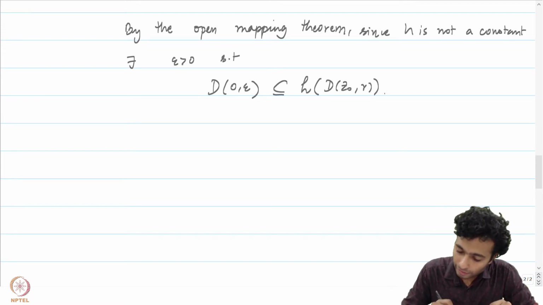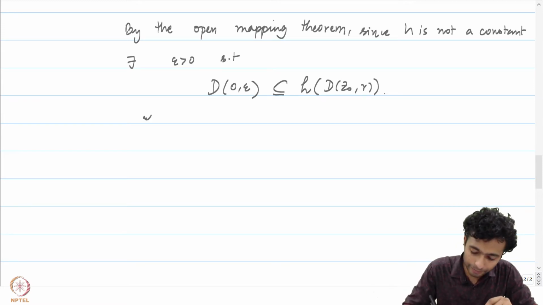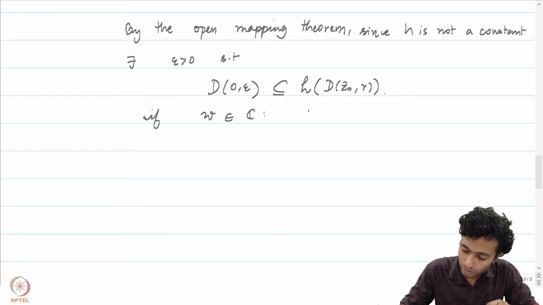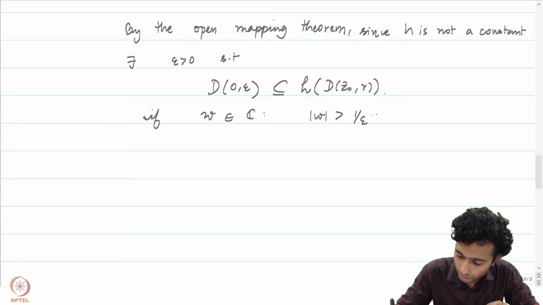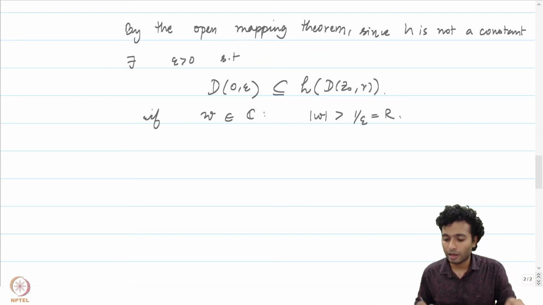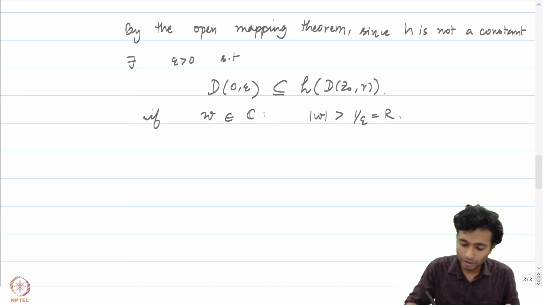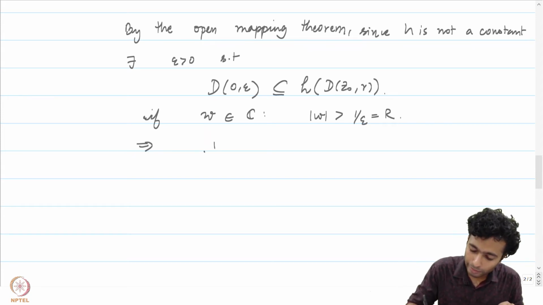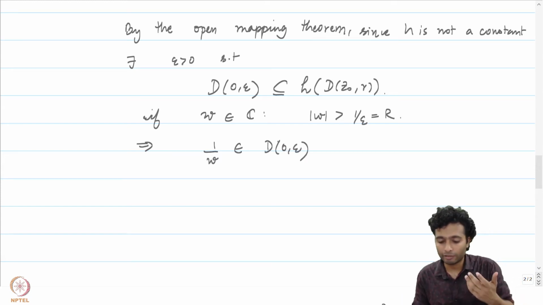In fact, we can say a little more. If w is now in C such that mod w is greater than 1 by epsilon, let me call this 1 by epsilon capital R. Suppose this is the case, this would imply that 1 by w belongs to D(0, epsilon). In particular, w is not 0, remember that.